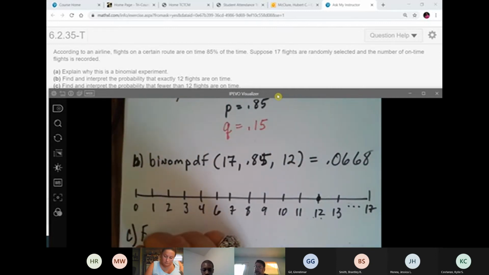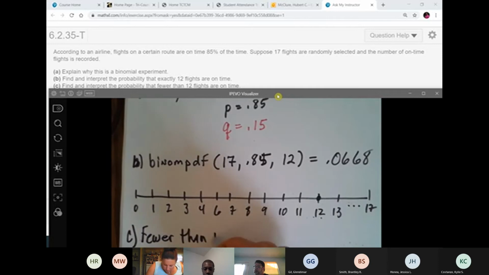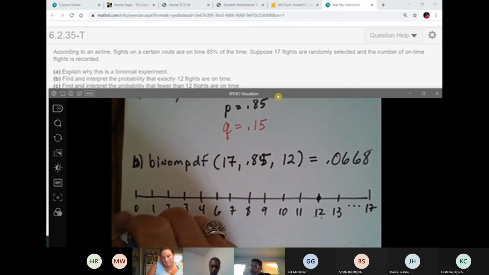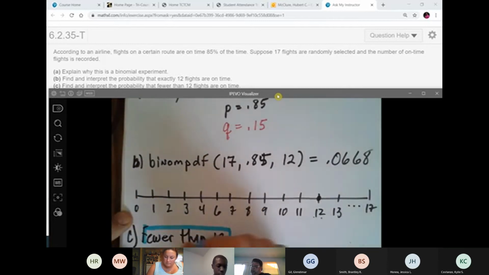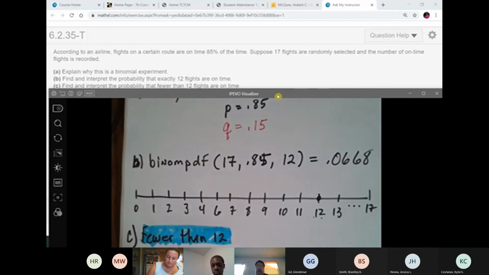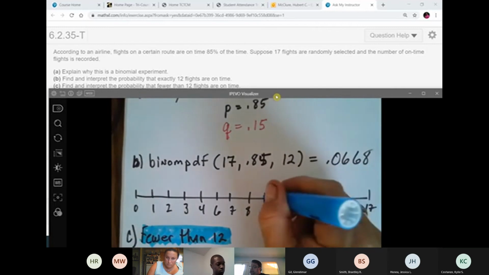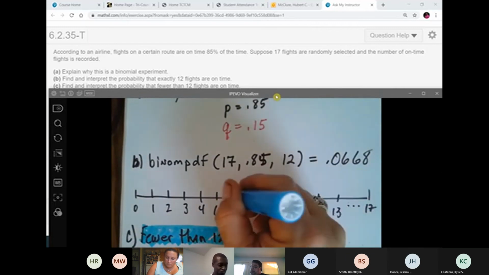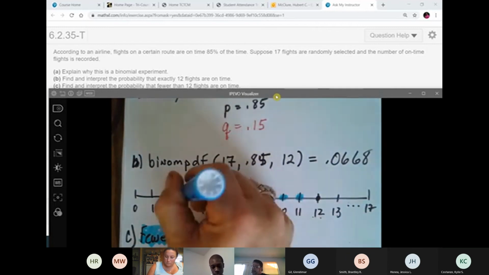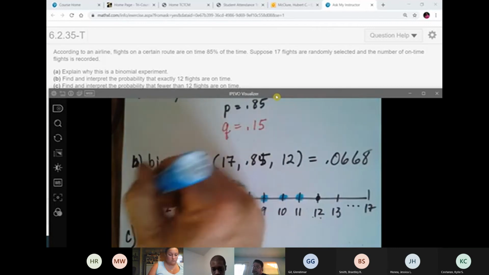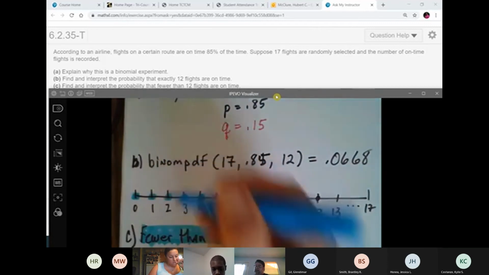C says fewer than 12. And I'm going to color that blue. Fewer than 12 means 11, 10, 9, 8, 7, 6, 5, 4, 3, 2, 0.